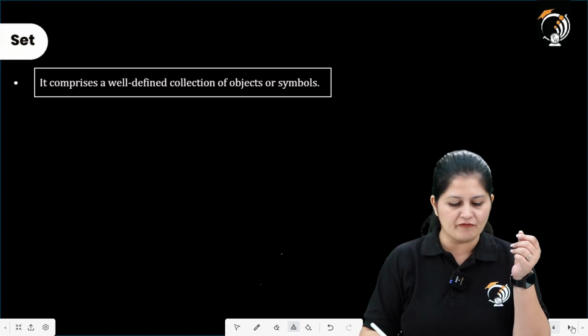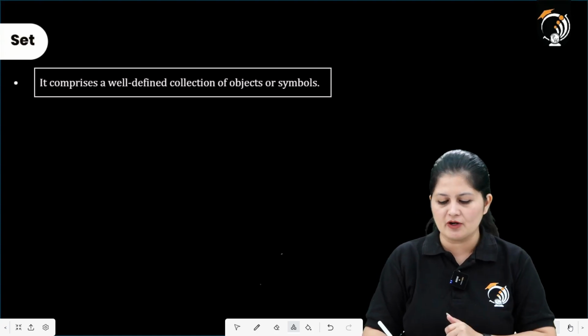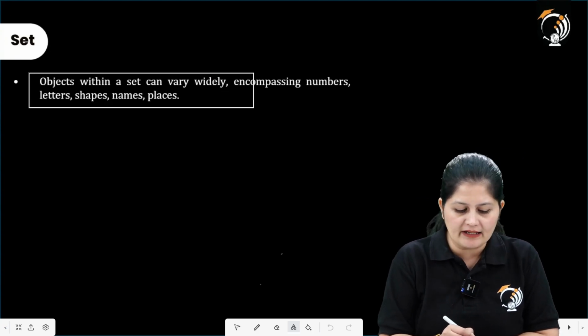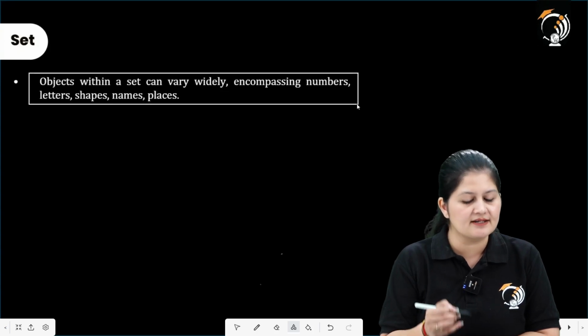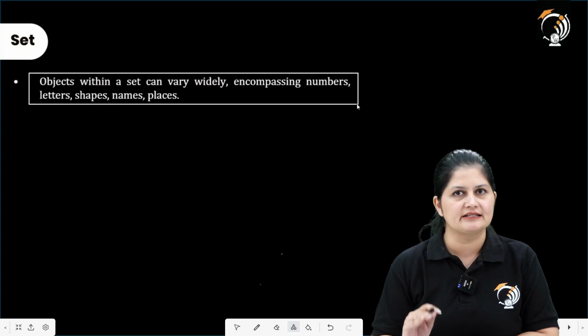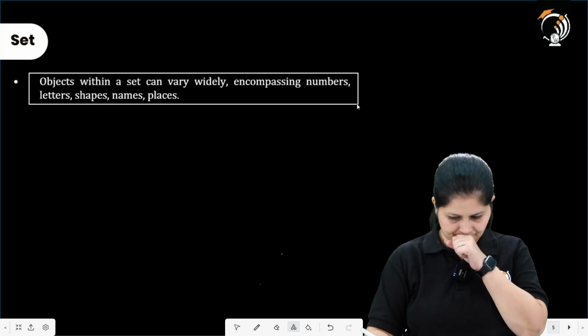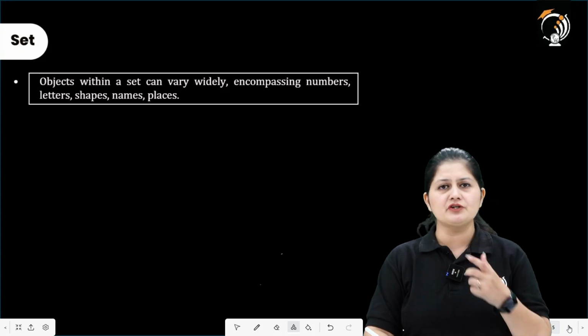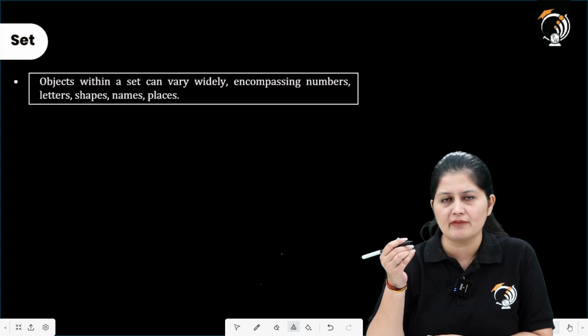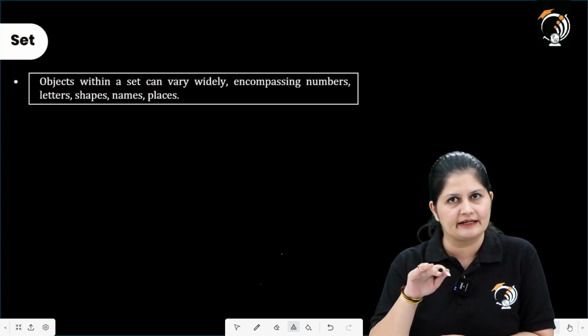Objects within a set can vary widely, encompassing numbers, letters, shapes, names, places. It can be anything that you can write in a set. It is not only numbers, even though it is a part of maths, but you can write anything.